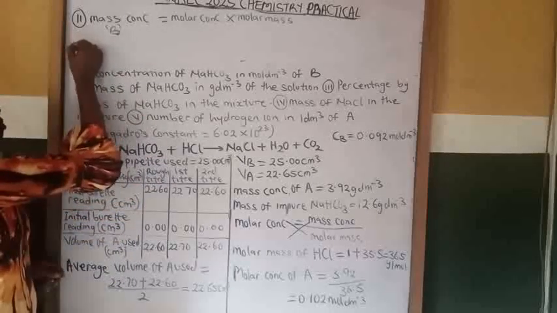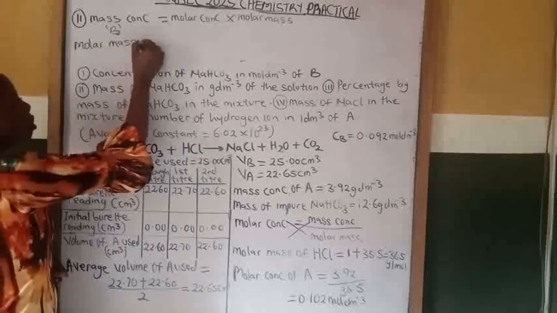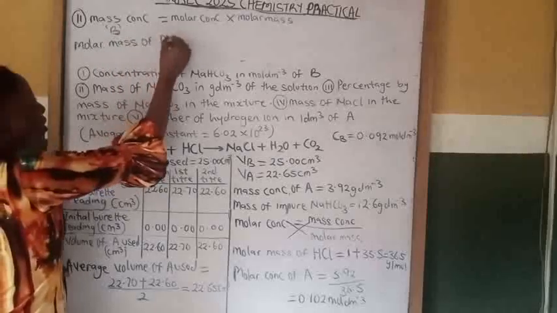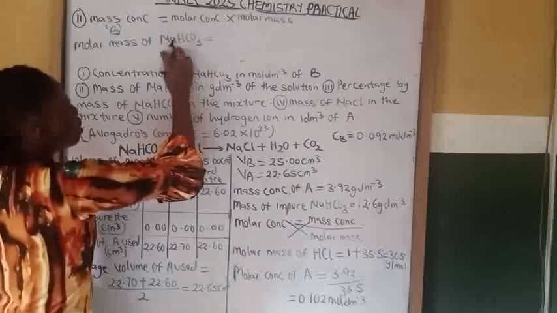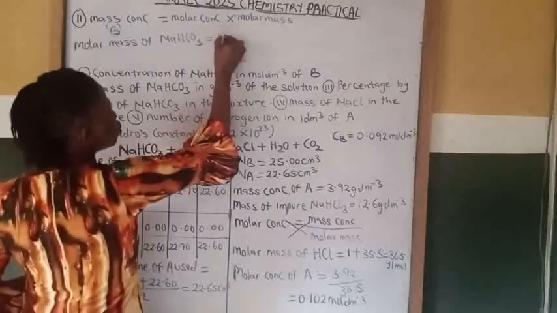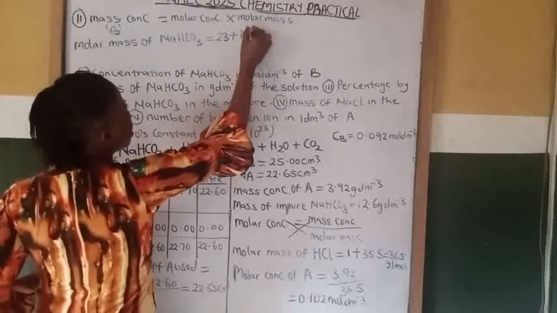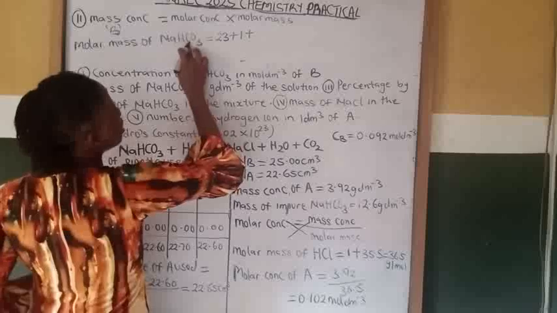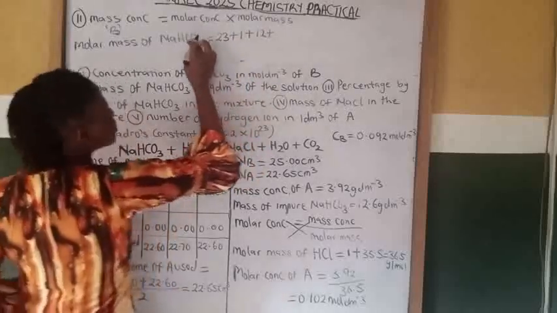So the molar mass of NaHCO3 is equal to the mass of sodium, which is 23, plus the mass of hydrogen, 1, plus the mass of carbon, which is 12, plus the mass of oxygen.